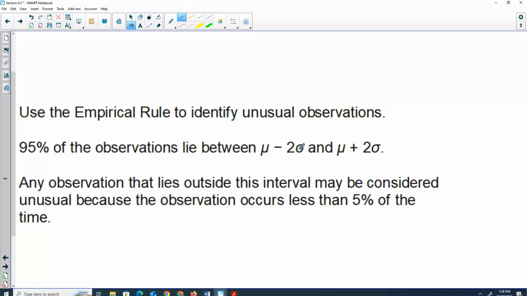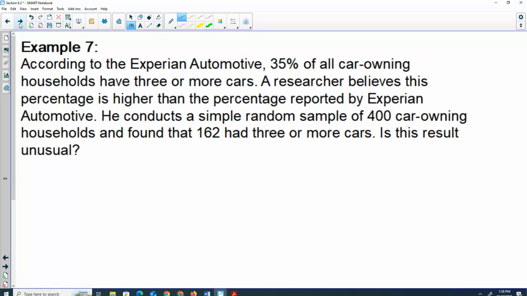We know unusual is anything with probability of less than 5%. The empirical rule says 95% of your points fall within 2 standard deviations of the mean, so only 5% is left to split over the 2 ends. If you're in one of those ends, your probability is less than 5%. So anything outside of 2 standard deviations is unusual. And 3 is 97.5, so that would be very unusual to be more than that.